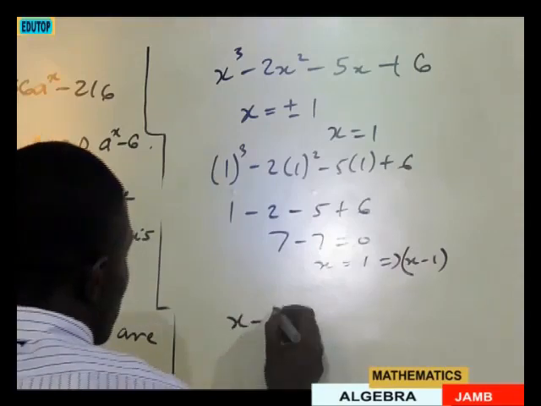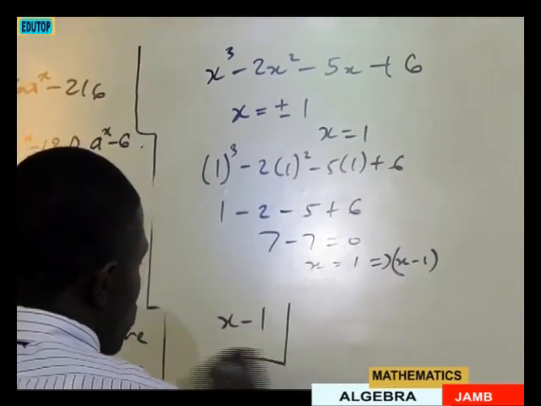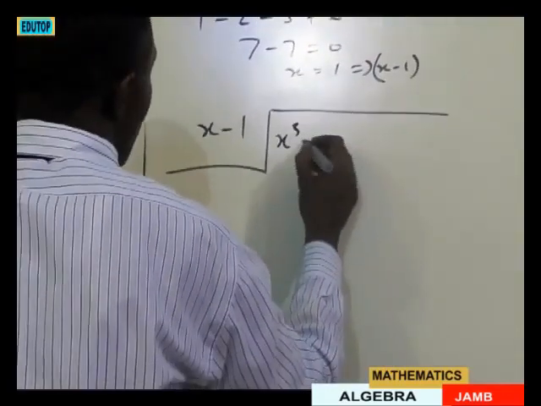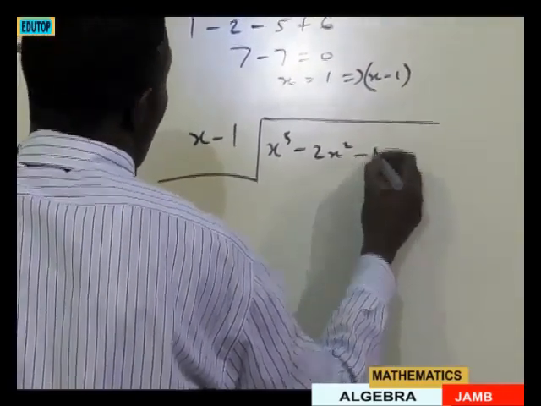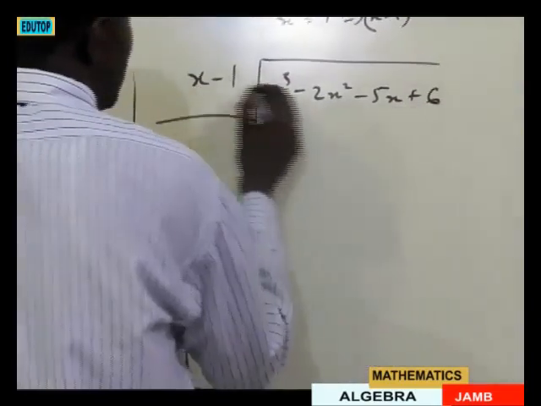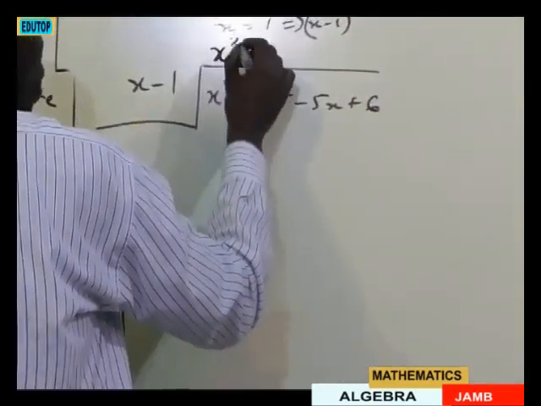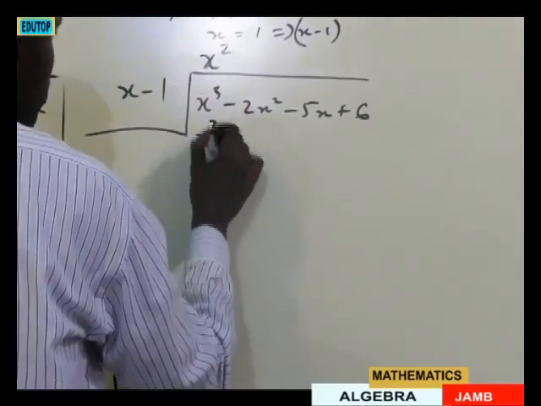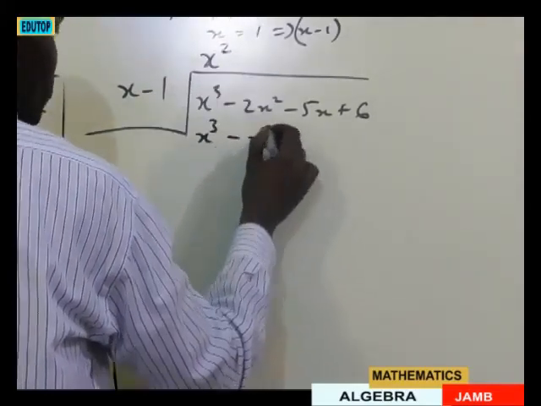So let's resolve it using the long division rule. So x cubed minus 2x squared minus 5x plus 6, divided by this: x squared. Use this to multiply these two terms. This times this, x cubed. This times this, minus x squared.